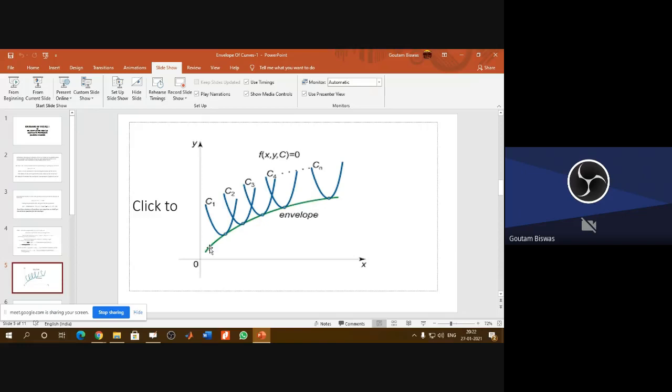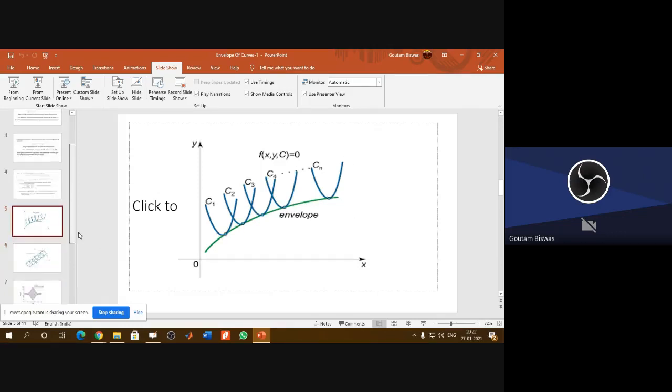Actually no point on this envelope is kept empty like this, but we cannot draw it. Understood? These are a family of parabolas touched by this curve. So this is the envelope.